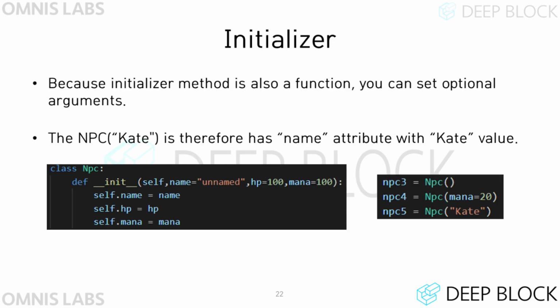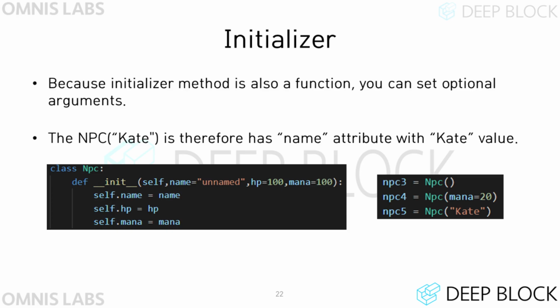Since the initializer is also a function, you can create optional parameters like any other function. When NPC is assigned to NPC3, name attribute will have the value of unnamed, and HP attribute value of 100, and mana value of 100 will be stored in NPC3.